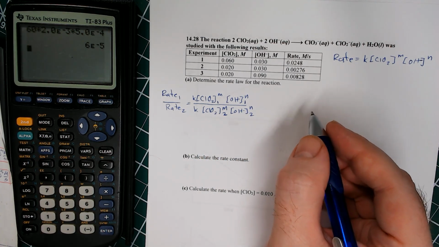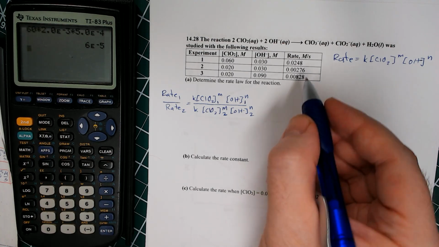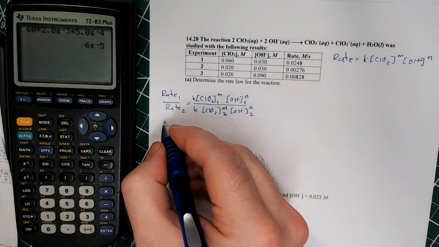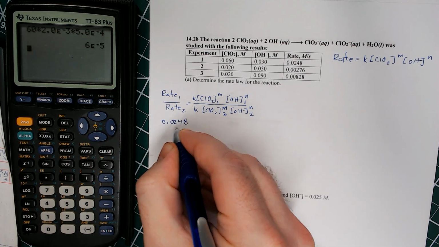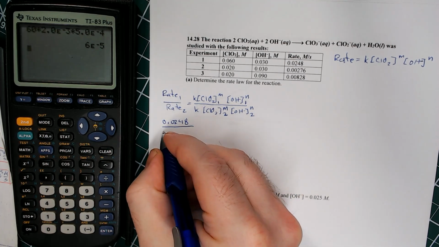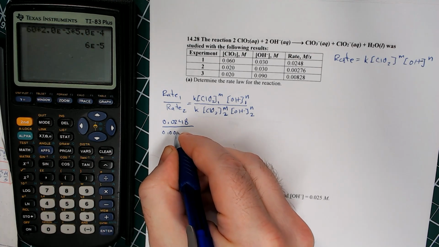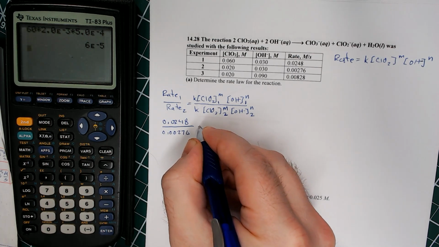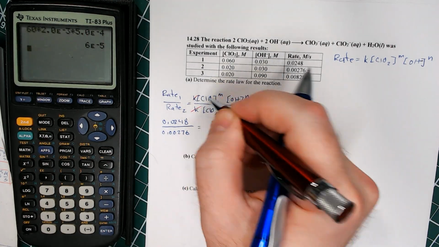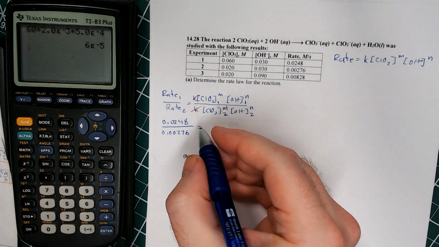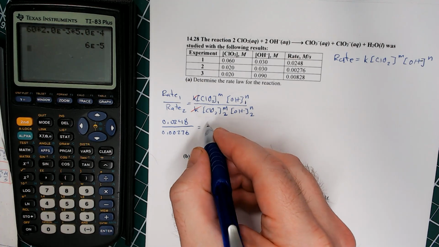All right, so now let's just put the numbers in. So for rate 1, we've got 0.0248 over 0.00276. Our rate constant K cancels out because that doesn't change unless we change the temperature.